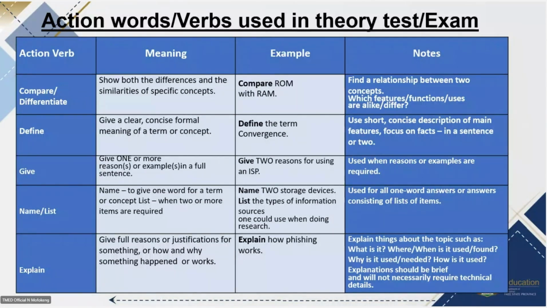The question might say compare ROM and RAM. Now you find the relationship between the two concepts, which features are used by each, the functions, the uses, the alikes, and the differences. That is how you should ensure that you answer the questions depending on the action word that is used in the question.